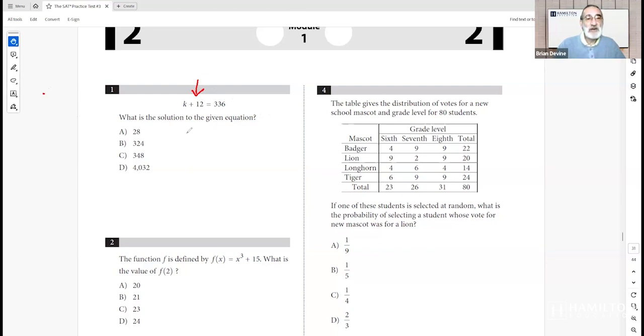And I'm going to end up with k equals 336 minus 12. It'll disappear from the left side because 12 minus 12 is 0, and k plus 0 is k. And if I take 12 away from 336, I get 324, which is the answer. So B is your best choice.